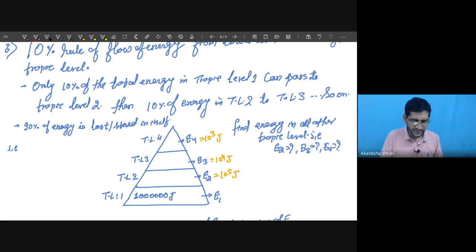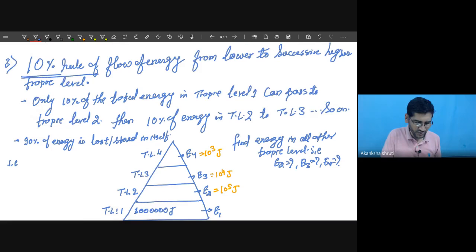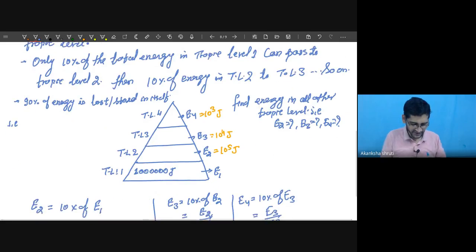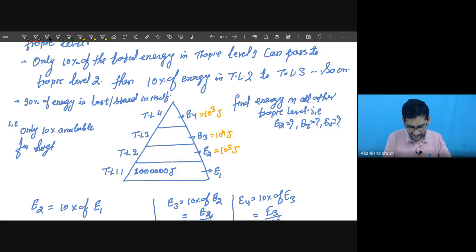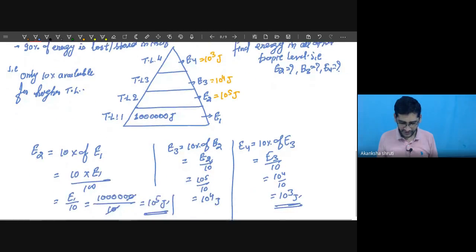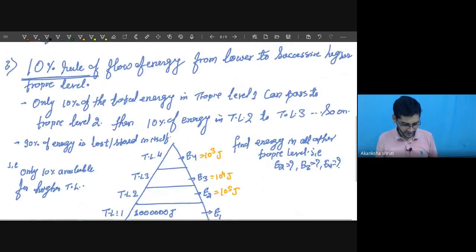That's why we always talk in terms of the 10% rule, not the 90%. Therefore, only 10% is available for the higher trophic level, of whatever is present in the preceding lower one. This is the rule that we need to keep in mind. So this was all about it.